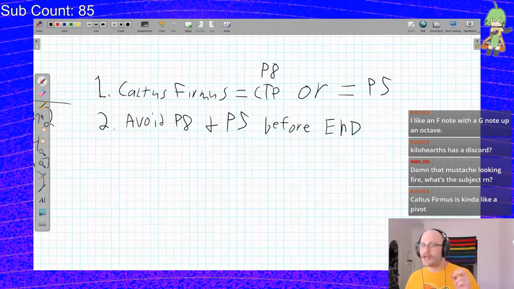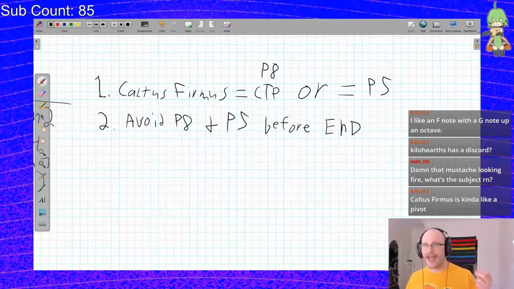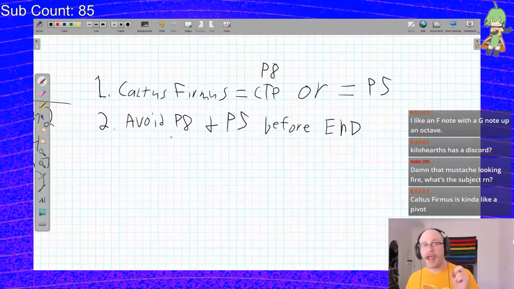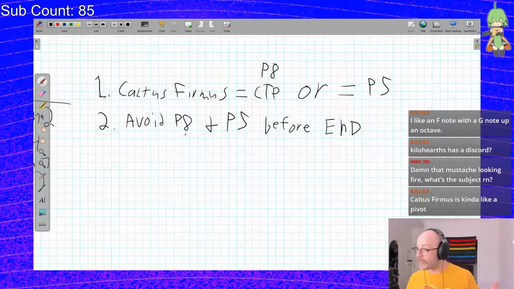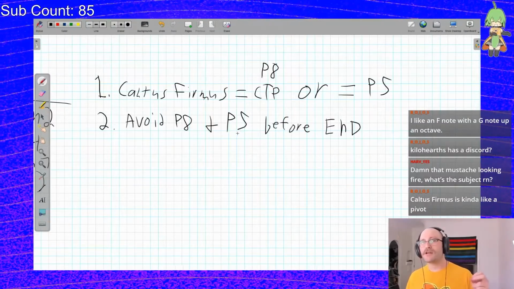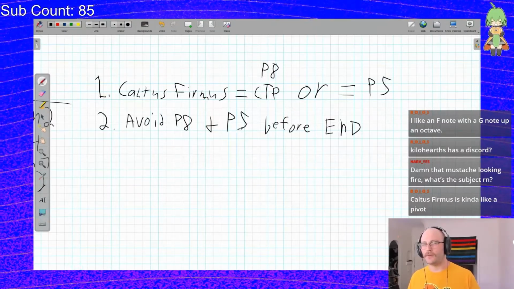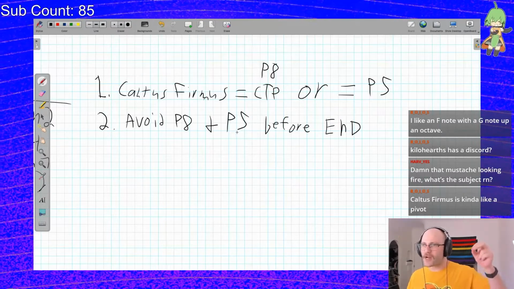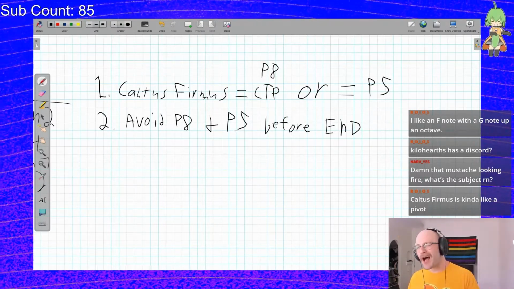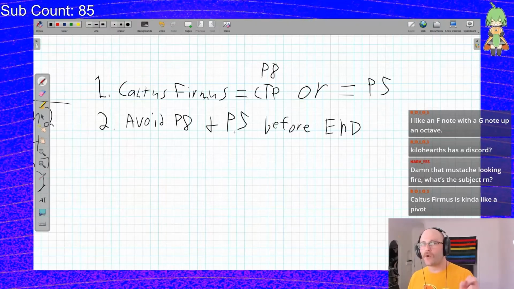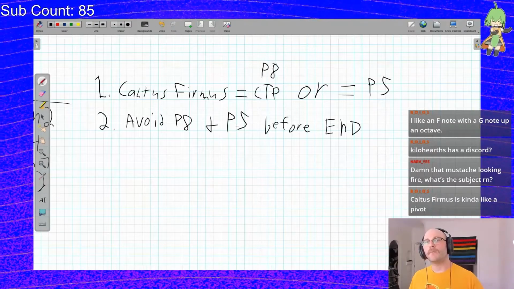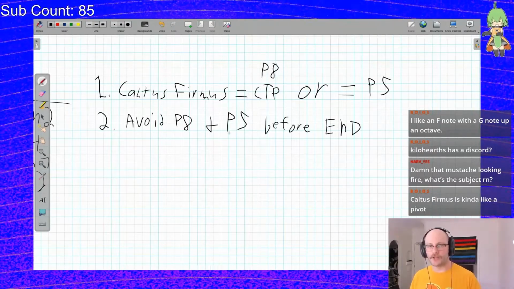Avoid means if you have an option between hitting a perfect octave, a perfect fifth, or another consonant interval, if you're not at the very beginning or the very end of the counterpoint, try to lean or favor towards the more colorful intervals.